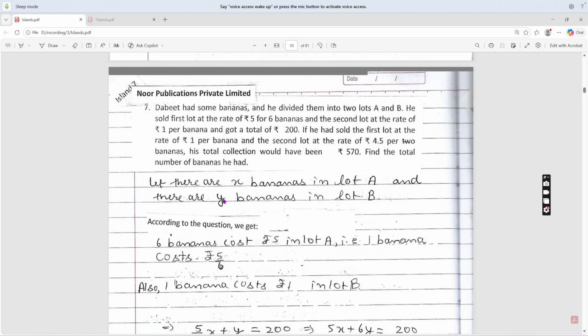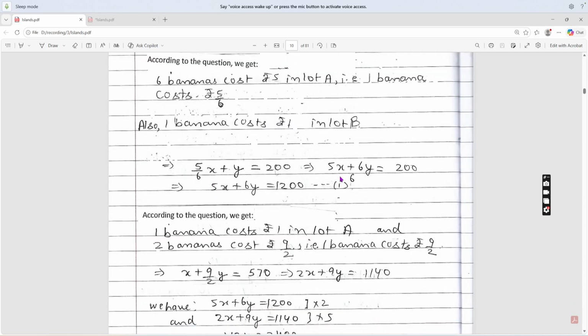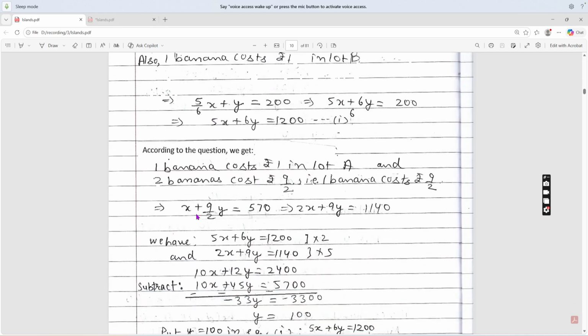So 9 by 2 into y is the total selling price of the banana which are sold in lot B, and total revenue generated is 570. So what equation are we getting? 1 into x, that is x, plus 4.5 into y, that is 9 by 2y, is equal to 570. And here we can see, yes, x plus 9 by 2y is equal to 570.